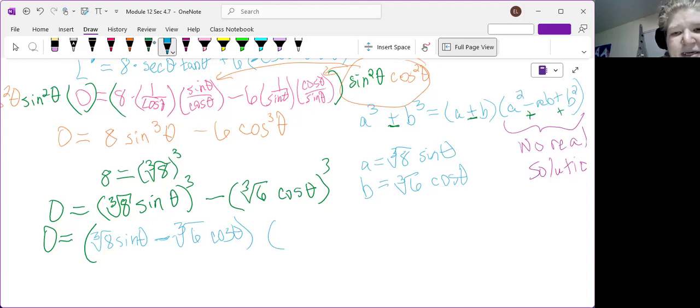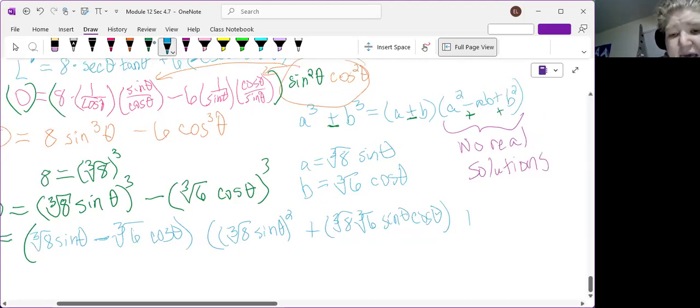And then the other part is a squared plus, that's a and b rearranged and squeezed together, plus b squared.